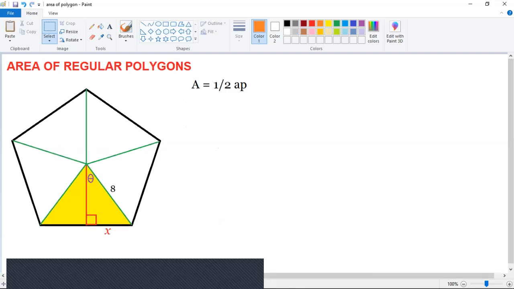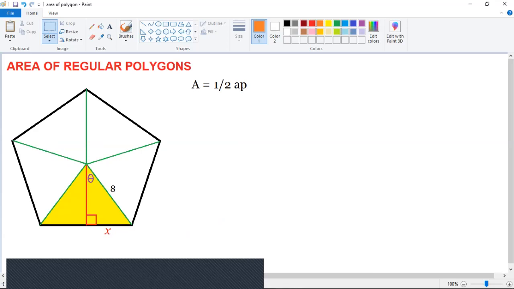Let's have another example. Again, we have a regular pentagon. Now in this case, we have an 8 that is given, and that is the radius of the pentagon. The radius goes from the center to one of the vertices of the polygon.